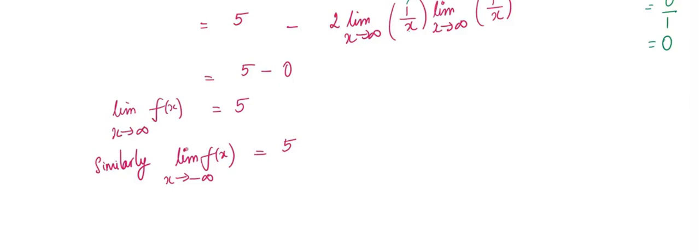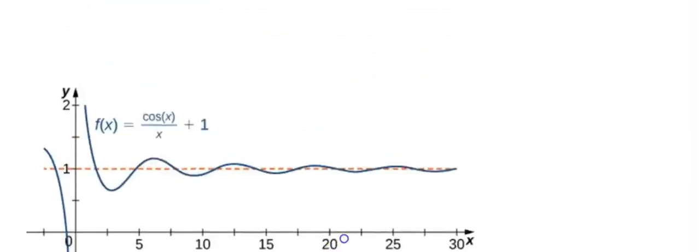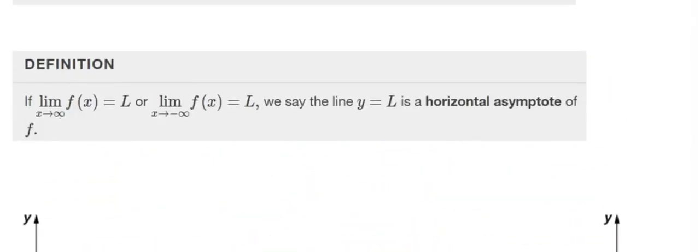All right, so now I have these two. What does that mean? Well, let's take a quick look at the definition. The definition told us that if the limit of a function as x approaches infinity, or as x approaches negative infinity, or both, if they point to a finite number, then that is where you have a horizontal asymptote.